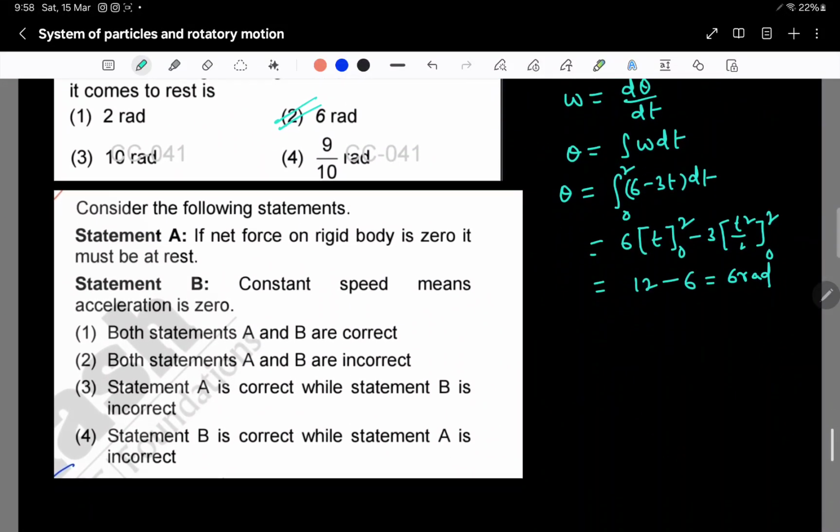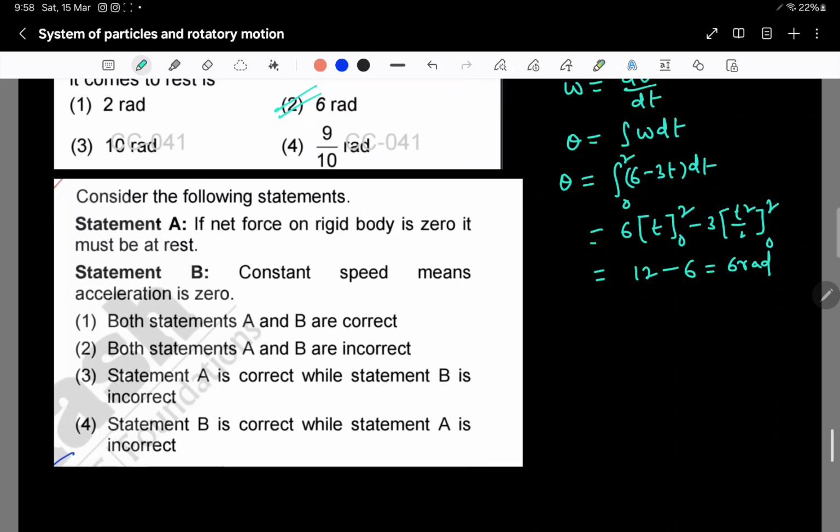Next, consider the following statements. Statement 1: net force on a rigid body is 0, so it must be at rest. Not only rest, students, uniform motion also has net force 0. So saying it must be at rest is not correct, students. Maybe uniform motion also, with 0 force. Okay, this is wrong; 'must' is wrong.